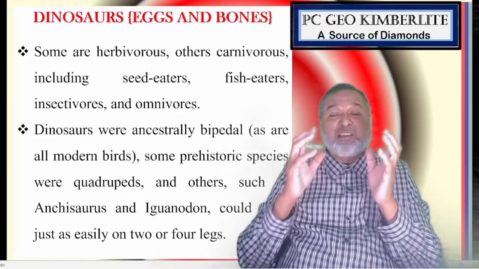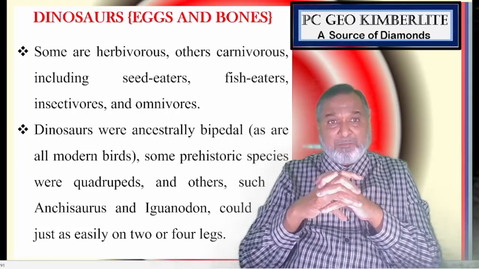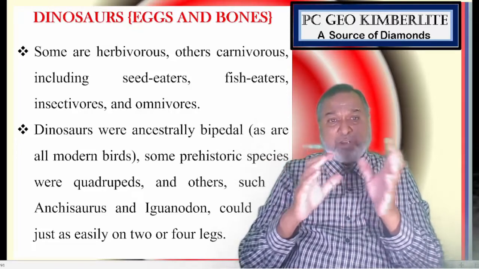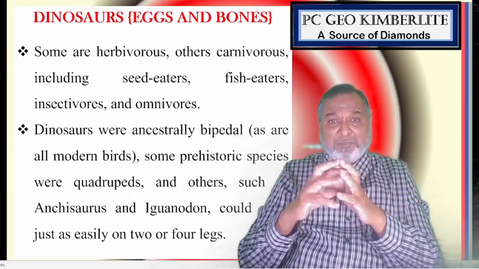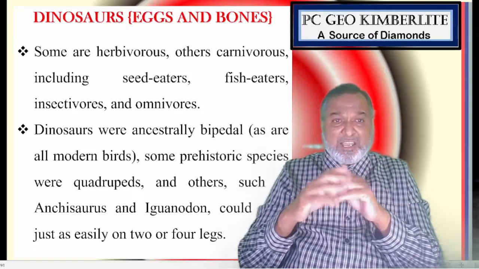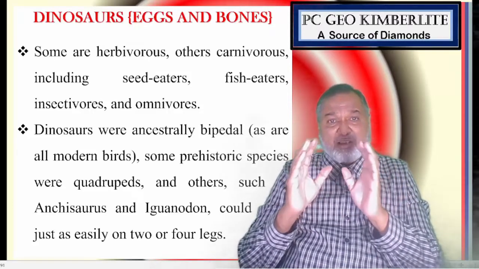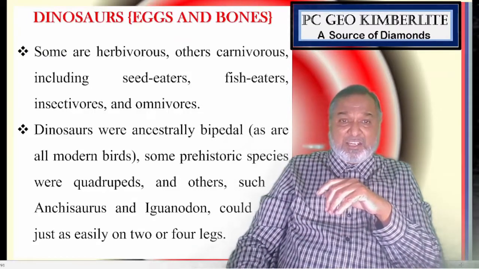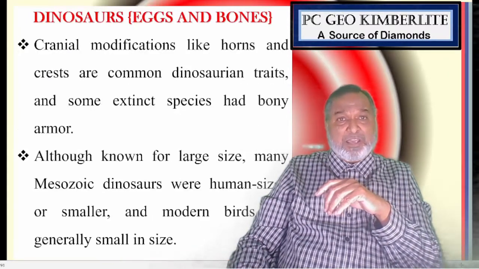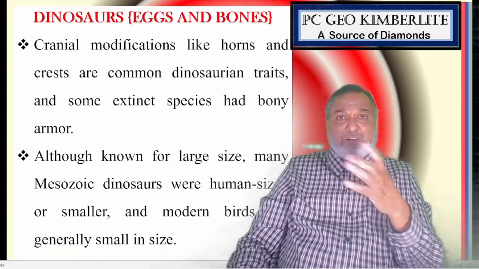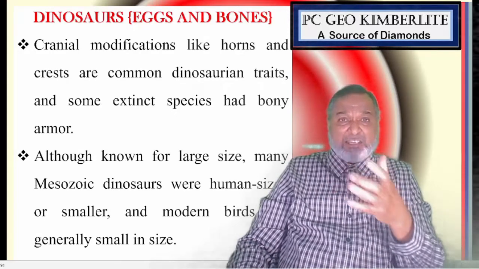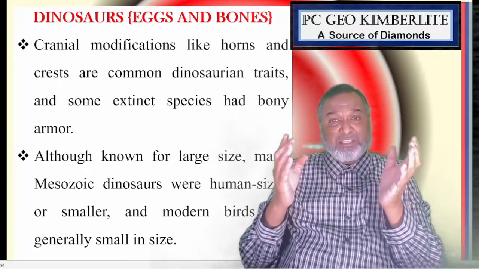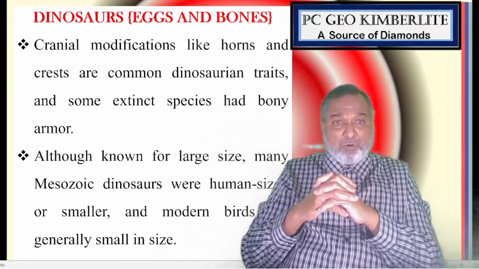Dinosaurs were ancestrally bipedal, as are modern birds. Some prehistoric species were quadrupeds, and others such as Archosaurus and Iguanodon could walk on either two or four legs. Cranial modifications like horns and crests are common dinosaurian traits, and some extinct species had bony armor.